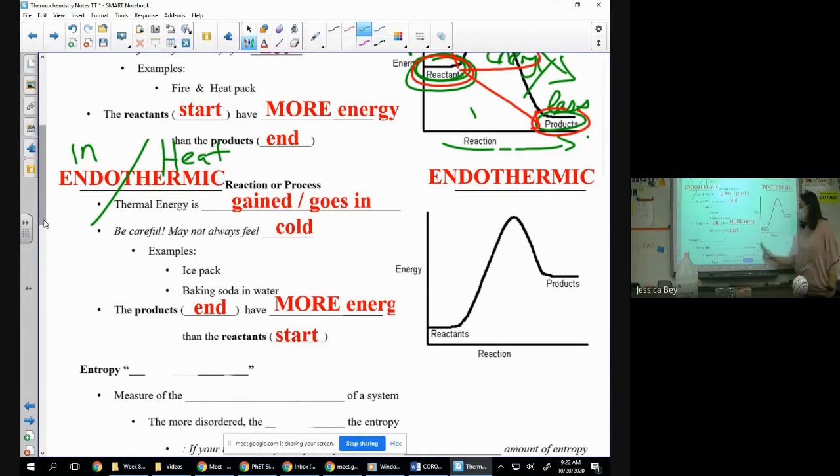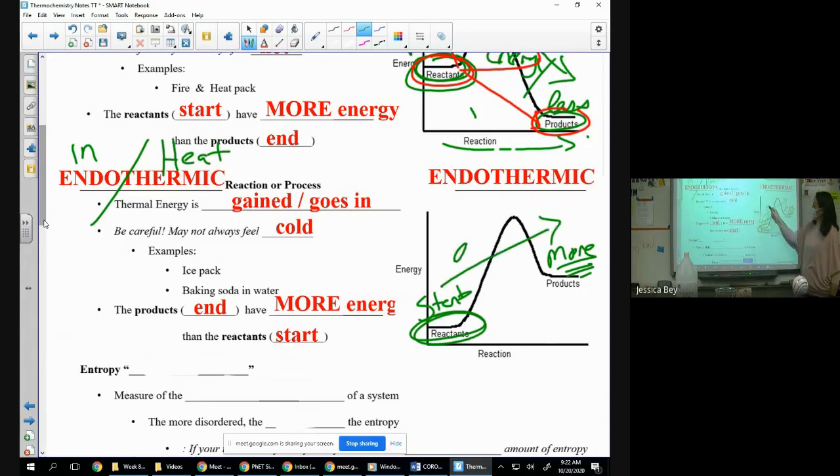So now you can see you start low and you have more energy at the end. So we can say gains energy. And please note that this is not gaining thermal energy. It's not getting hotter. It's just gaining energy.